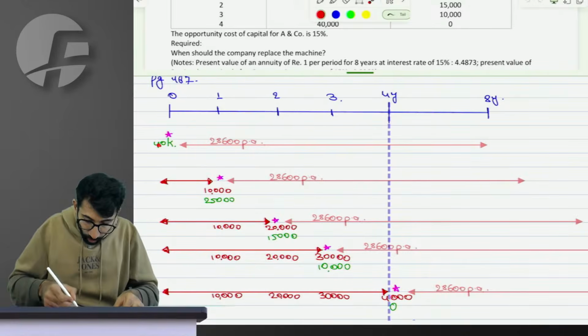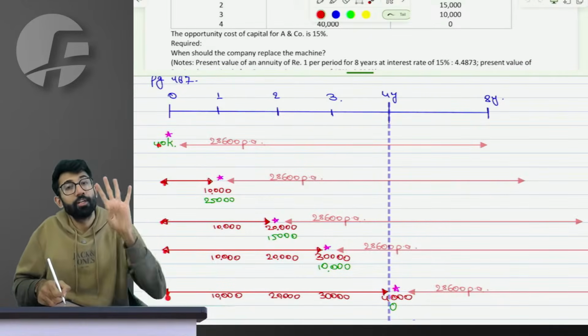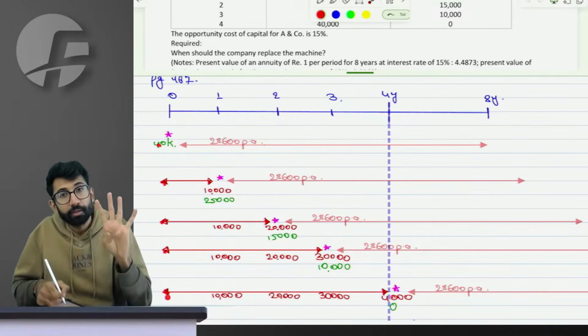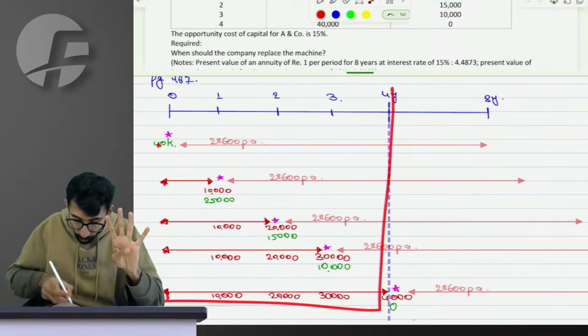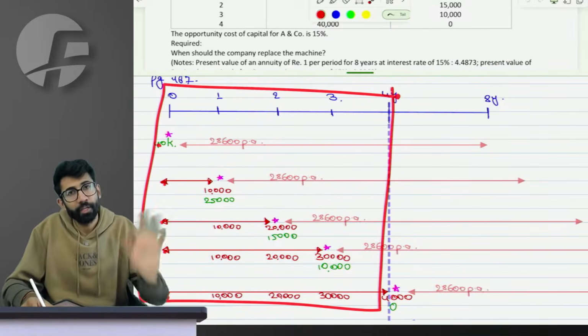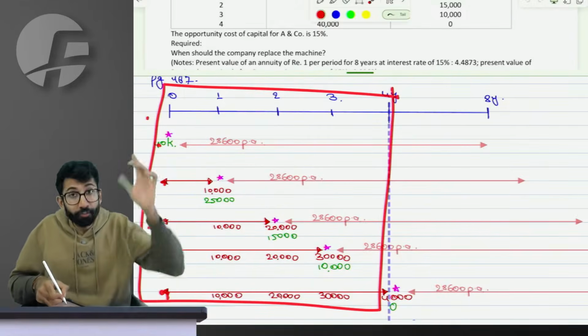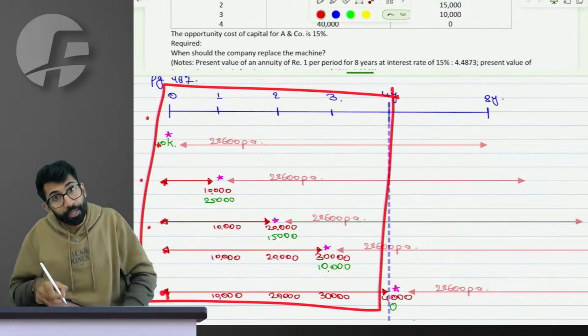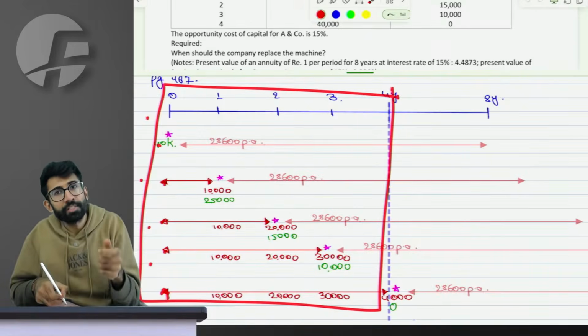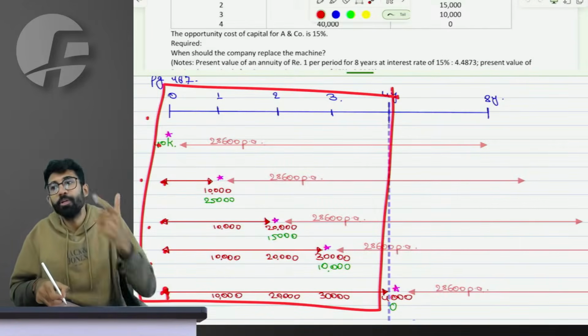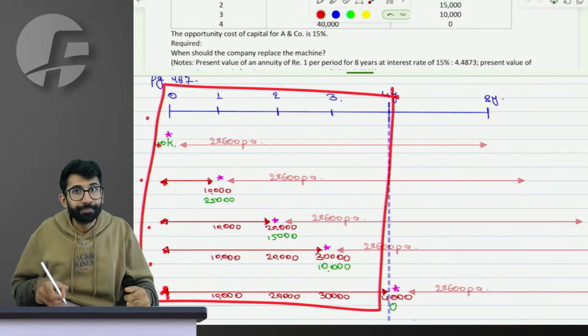Do you agree in all 5 alternatives? It is the total cost of 4 years related to buying, selling, operating old and new machine, which is why all 5 alternatives are comparable to each other. The lowest alternative will be the preferable alternative.